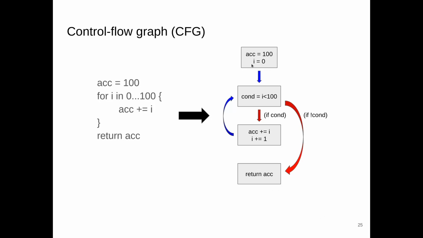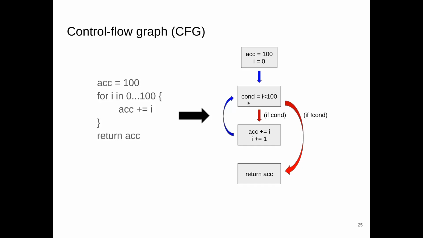So it reads like this. At the beginning of the program, you get into this first block. In this first block, the variable ACC is assigned 100, and I is assigned 0. And it flows to the next block. In this block, it is comparing I and 100 and putting the result into a variable called cond. Depending on the value of cond, it goes to this block or this block.